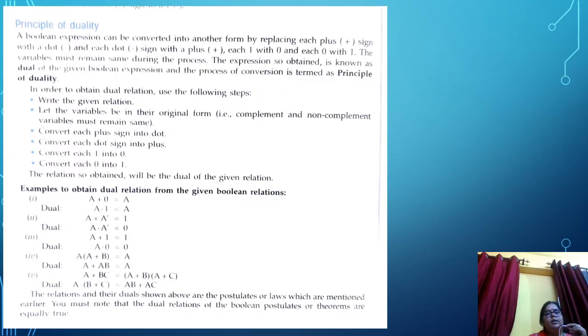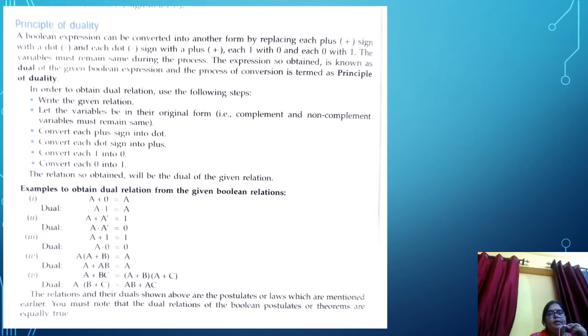Now, next is our principle of duality. It is very important, what is the principle of duality. A direct question is asked in your board: what is duality and how does it work. See, what is duality? Duality is converting an expression into another form by replacing each plus with the dot sign, means each plus is replaced with the dot sign.